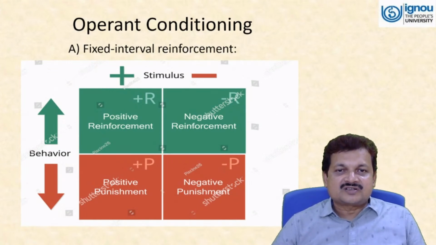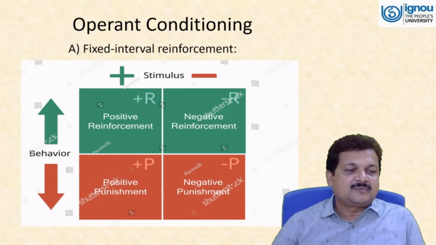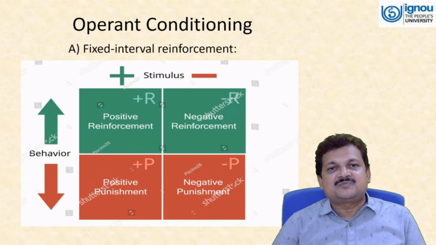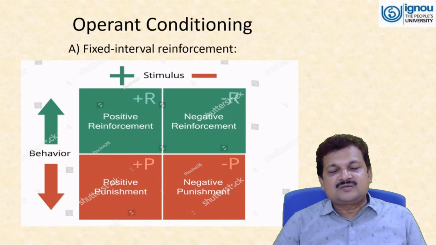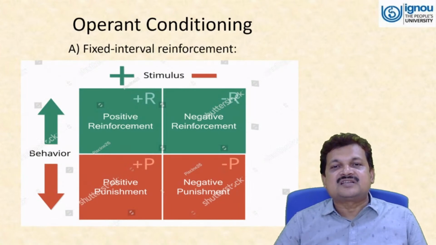So two things we first need to study. When behavior is positive and stimulus is positive, at that particular time you will find that positive reinforcement is there. Means a person having a positive behavior is exposed to a positive stimulus, so you will find there is a positive reinforcement. But when the stimulus is negative and behavior is also negative, then in that case you will find a negative punishment.